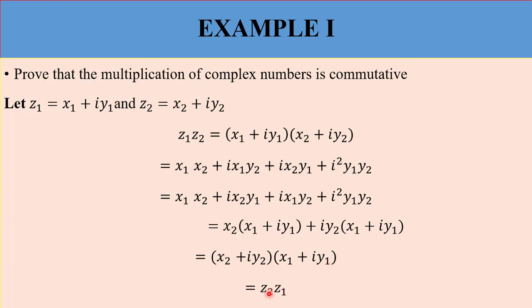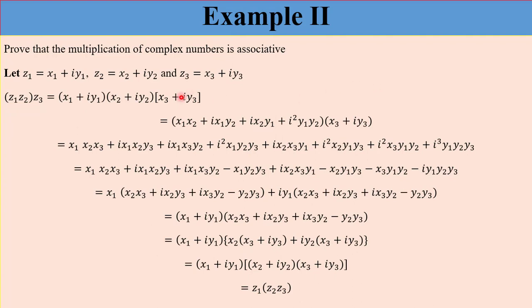So this proves that z1 times z2 gives us z2 times z1. So this proves the commutativity of complex numbers.